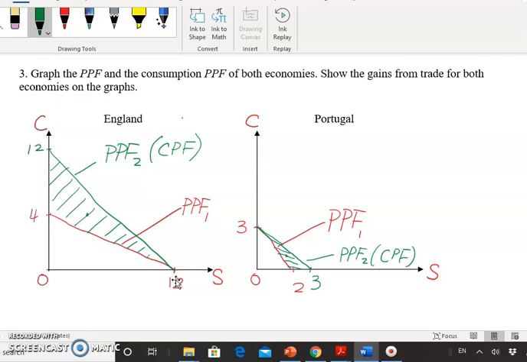Okay, and say if we look at these countries, England as a whole, Portugal as a whole, would they be able to benefit from trade? Obviously the answer is positive. Now, this is probably a good moment for us to go back and think about anti-globalization.